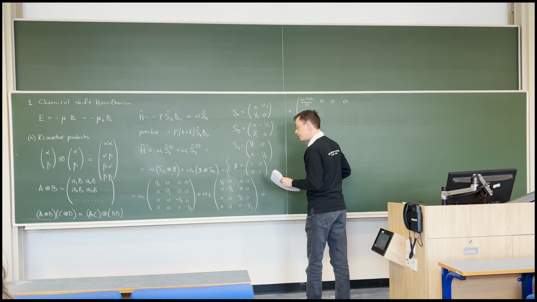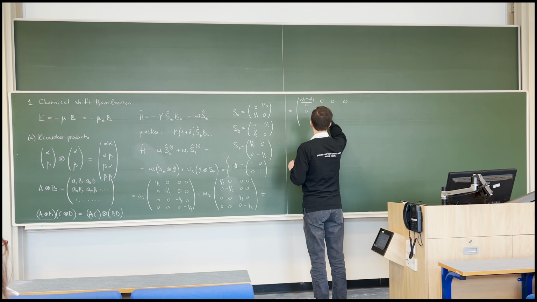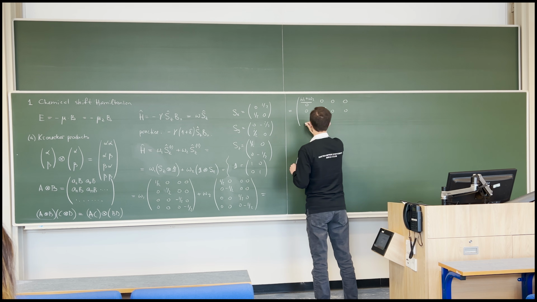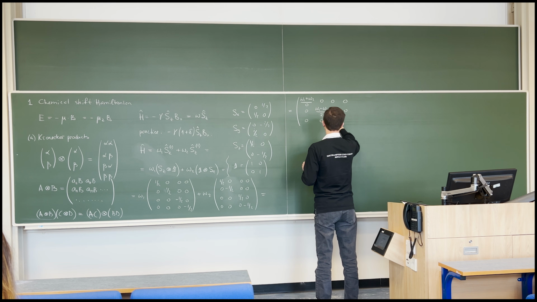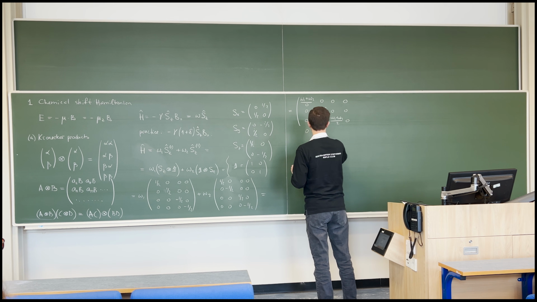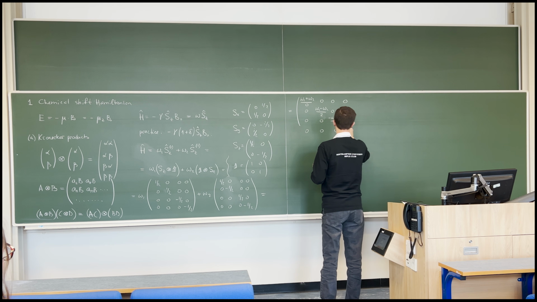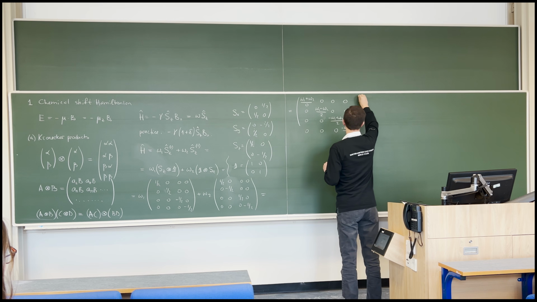And the second level is omega 1 minus omega 2, over 2, 0, 0. Then the third level, minus omega 1 plus omega 2, over 2, and then 0. And the final level, 0, 0, 0, minus omega 1 minus omega 2, over 2.